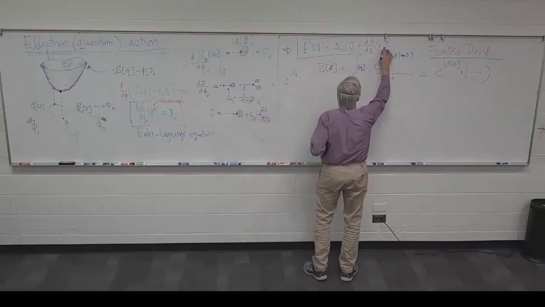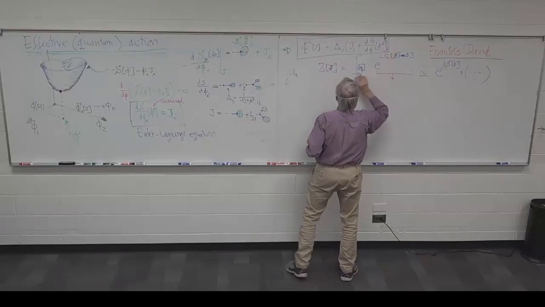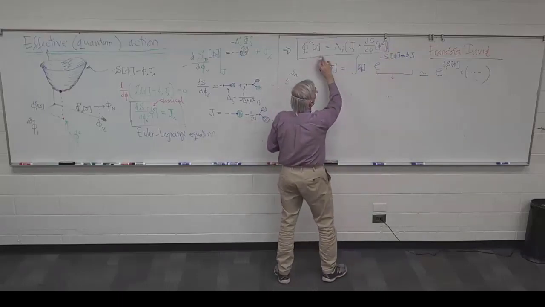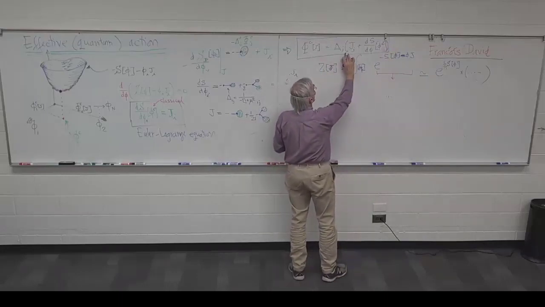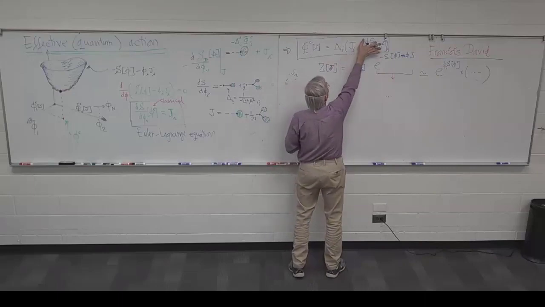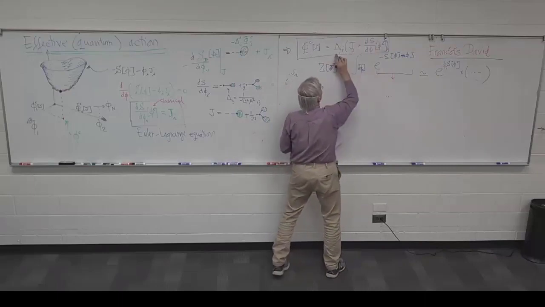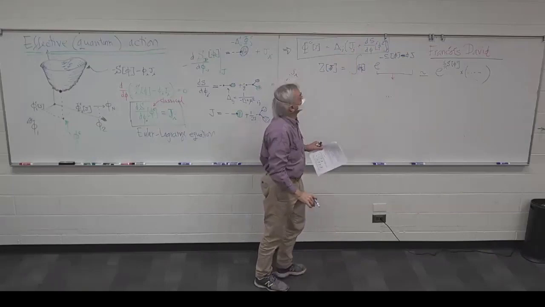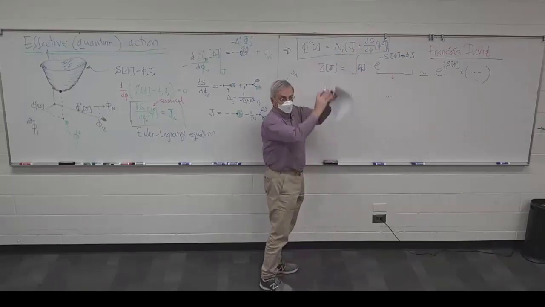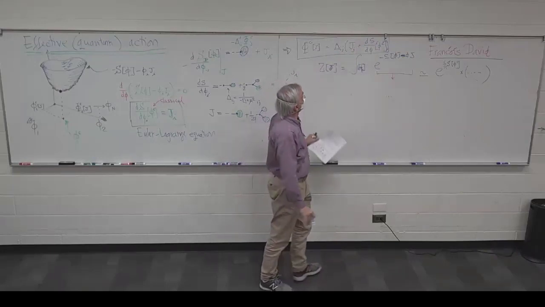For phi field theory with a linear term, you will be done. You will just solve a linear equation. That's actually the original when we computed the probability distribution.